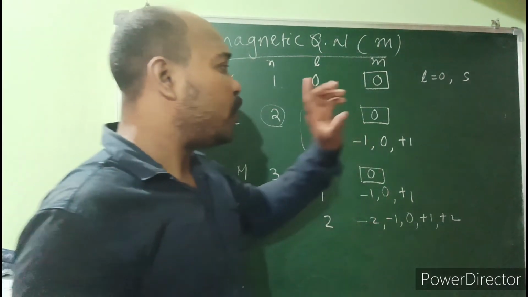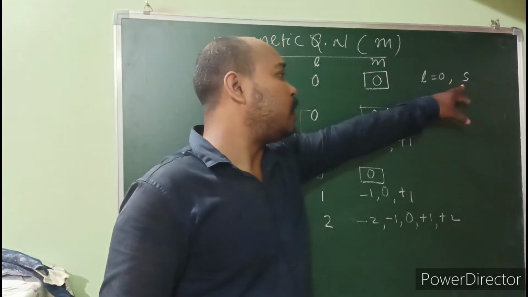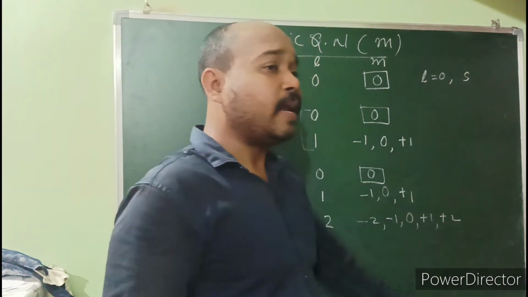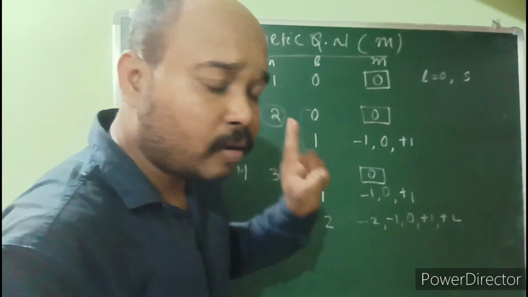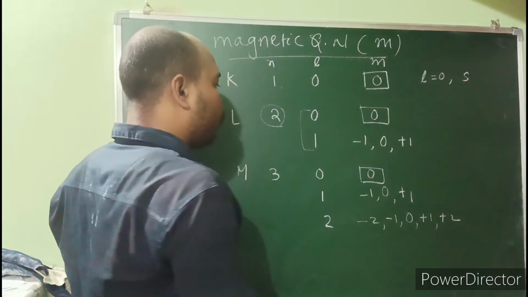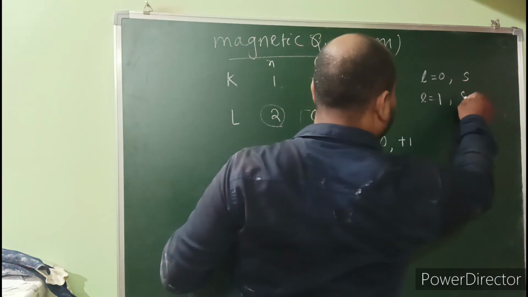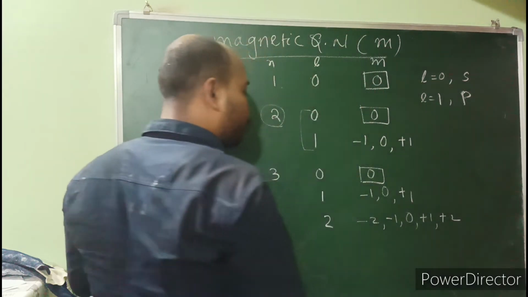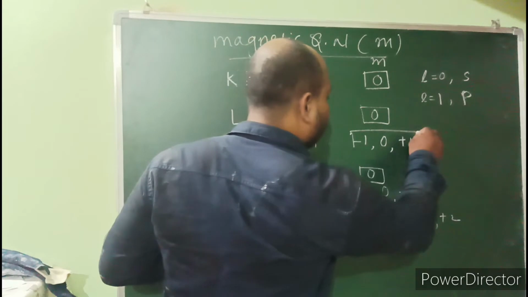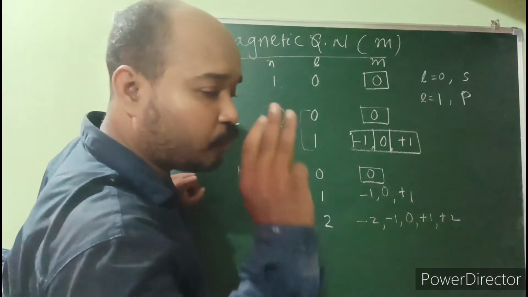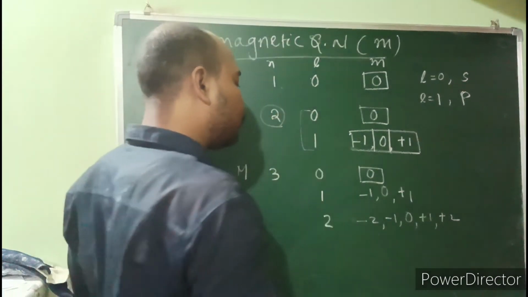So we can say that for the S subshell, L or the azimuthal quantum number is 0 and it has one orbital. Now when L is 1, it is a p orbital. For p, we are finding 3 magnetic quantum numbers, which means it has 3 orbitals.